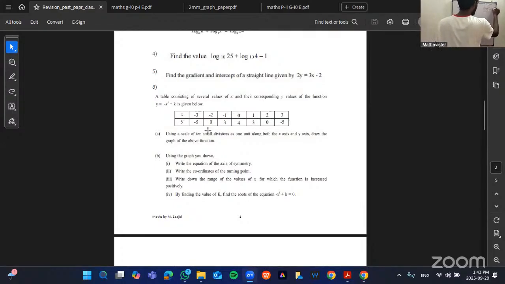For example, log A A means 1, then log 2 of 2 means 1, then log 3 of 3 is 1. Why? Because you have the same base and the same numbers, so the answer should be 1.